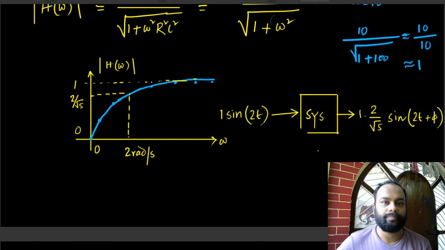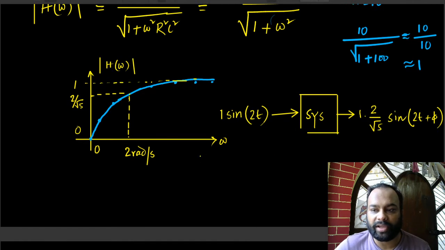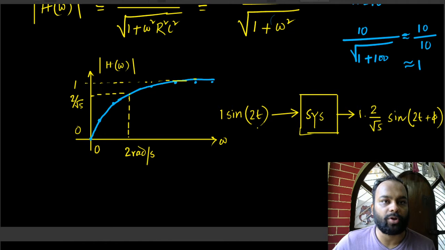This is what it tells me. So from this plot I can actually figure out what is going to be the amplitude of the output, because this is the amplitude response of the system, right? I think you got this, right?